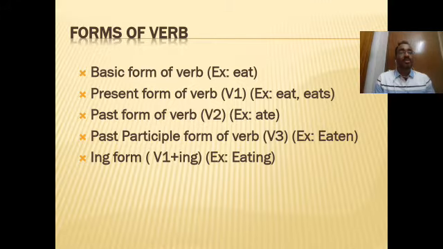The verb 2 is ate, verb 3 is eaten, and the last one is the ing form of verb, whenever we add ing with a verb. So today we are going to discuss in which place which form of verb will be used.